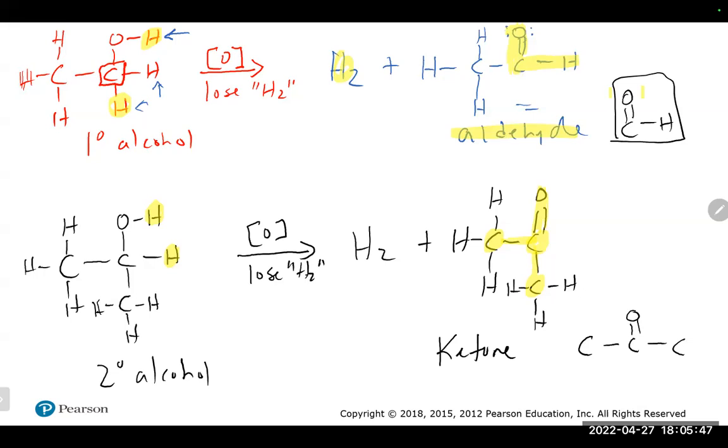And we finish up talking about the idea that a tertiary alcohol will not go through an oxidation reaction because it is missing a hydrogen there on its carbon.